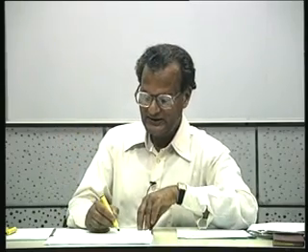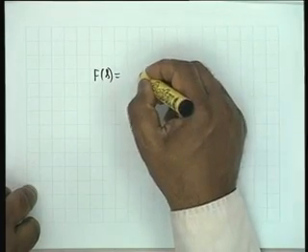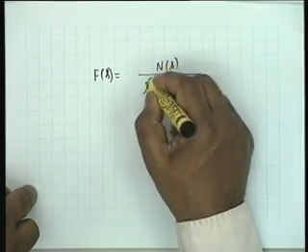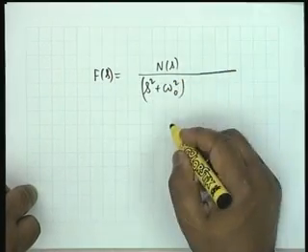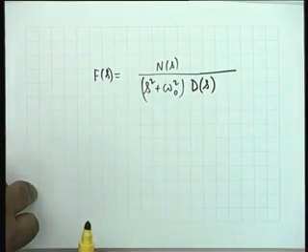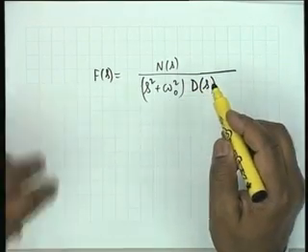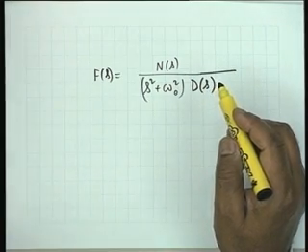So what do you mean by residue? This is what I was going to define. You see, if f of s is, let's say, of this form, some numerator divided by s squared plus omega naught squared multiplied by some polynomial d of s, then obviously we have a pair of poles on the j omega axis at plus minus j omega naught.